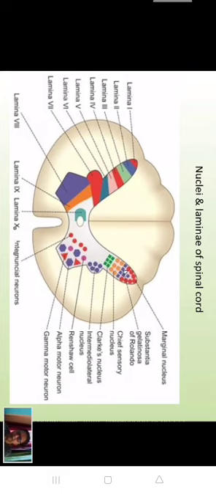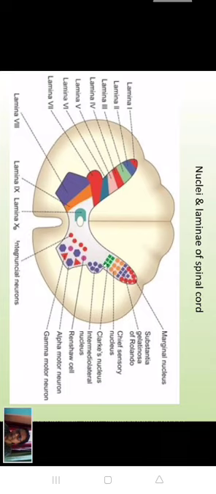See, number one is the marginal nucleus. At the margin, at the tip of the posterior horn, the nucleus present is the marginal nucleus. Below this marginal nucleus is the substantia gelatinosa of Rolando, SGR. Below the SGR is the chief sensory nucleus.